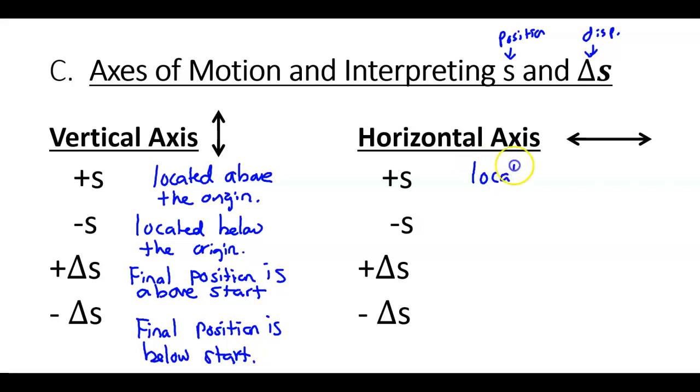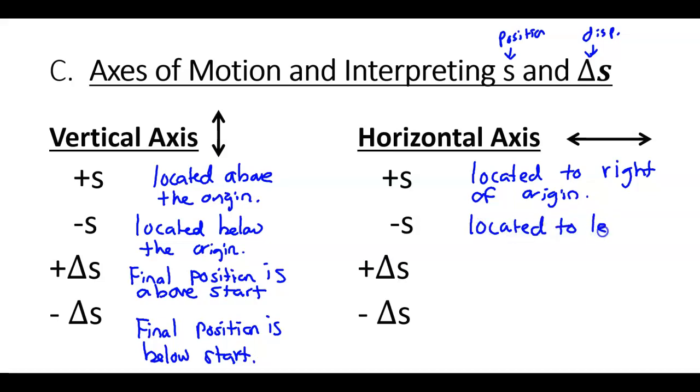If you have a positive S, that means it's located to the right of the origin. A negative S means it's located to the left of the origin. A positive delta S on a horizontal axis means that the final position is to the right of its start.